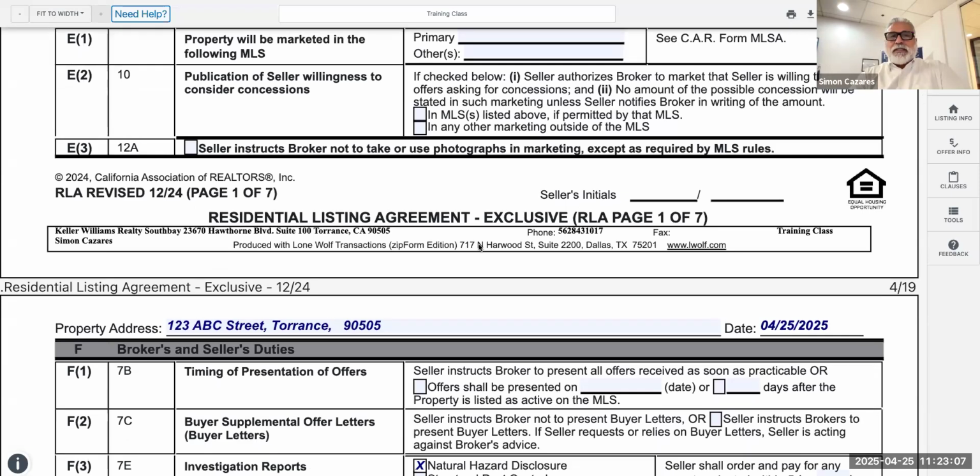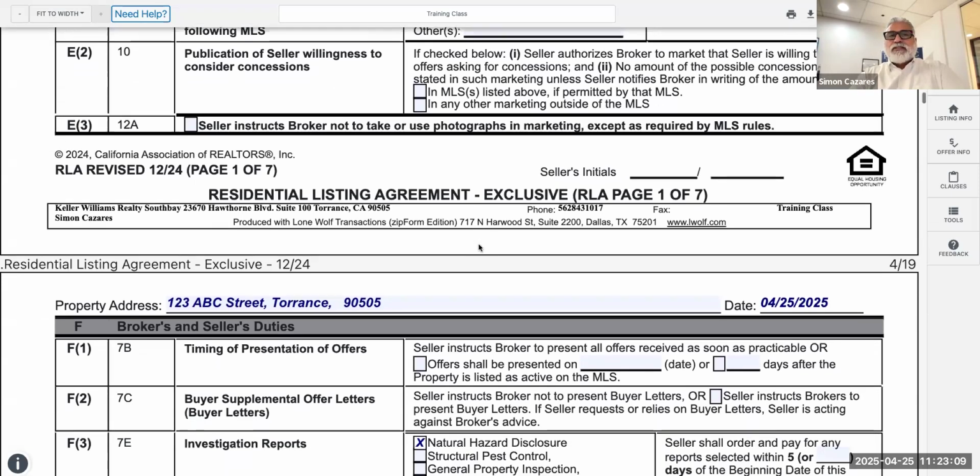Section E2 goes into publication of seller's willingness to consider concessions, okay? So here, if checked, this is the component that I want to be clear on, because a lot of agents are under the misunderstanding that now they can put a percentage of compensation on agent remarks.